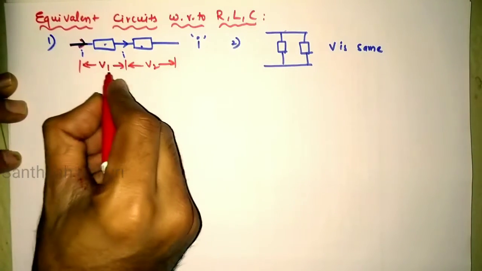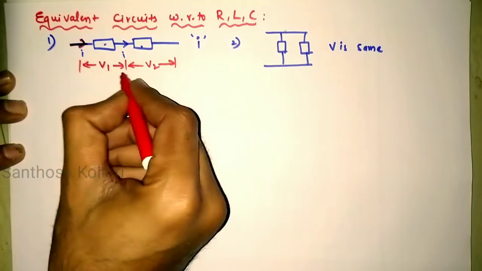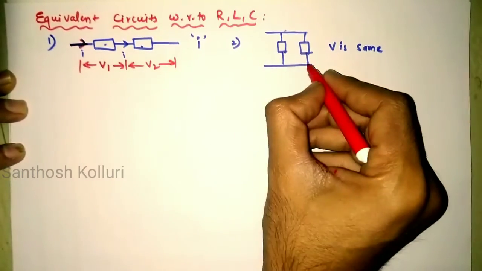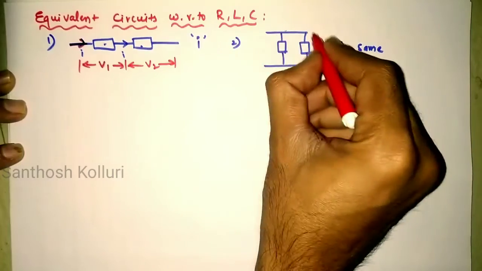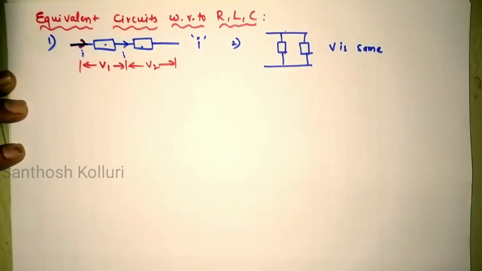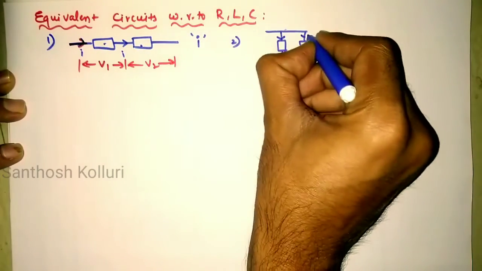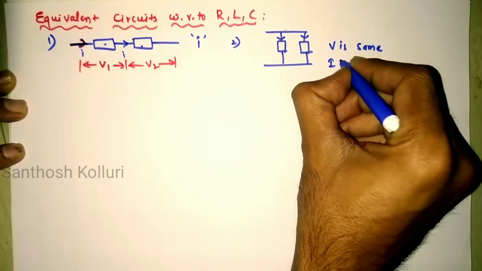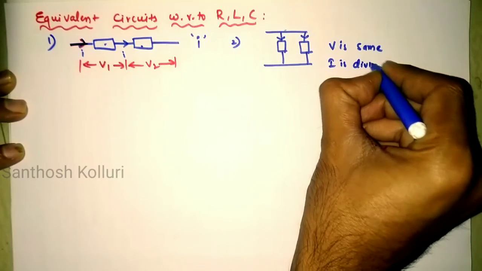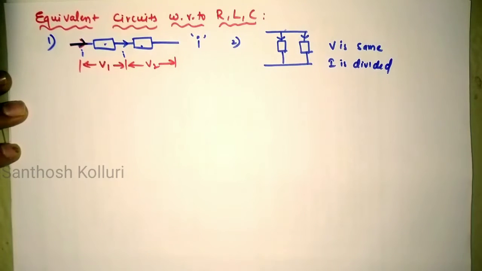Voltage will be divided. And when the elements are connected in parallel, current is divided and the voltage is the same. Current will be divided based on their values, but the voltage is the same.